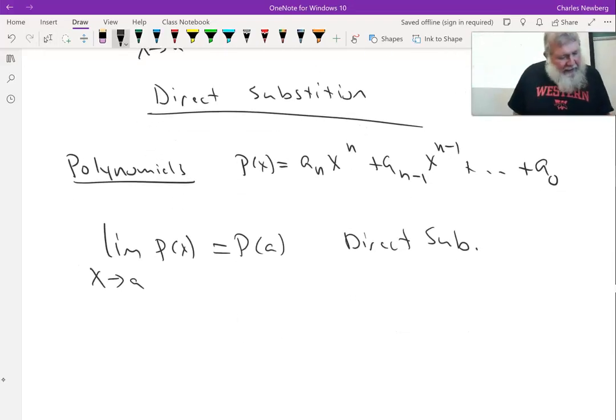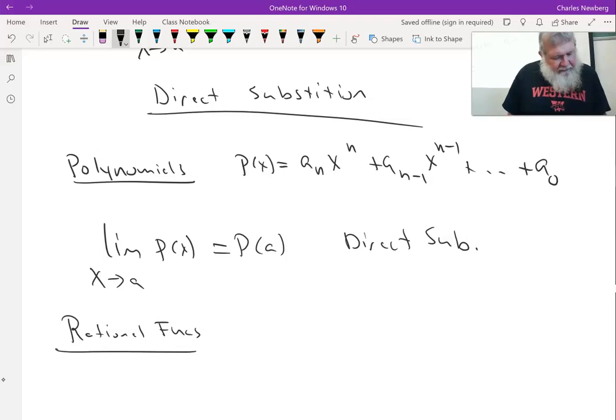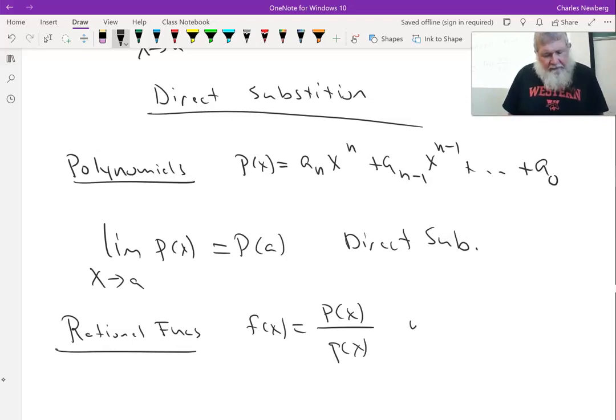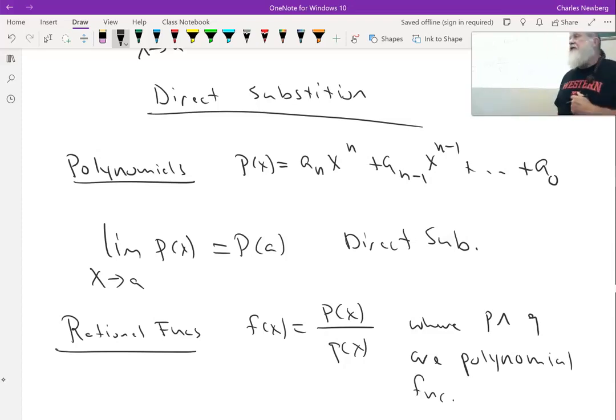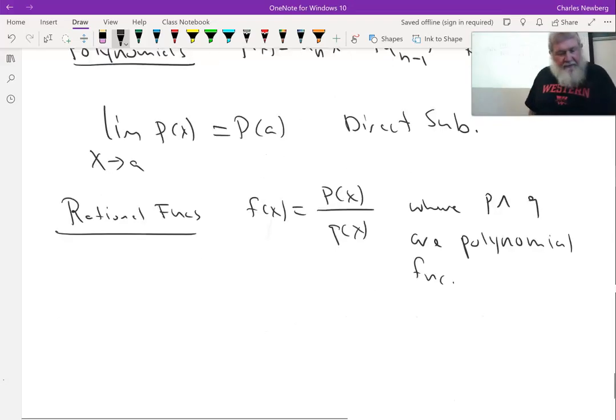And then we had rational functions. Rational functions were f of x equals some p of x over q of x, where p and q are polynomial functions. Remember, a rational function is just a polynomial divided by a polynomial. And then what did we have there?